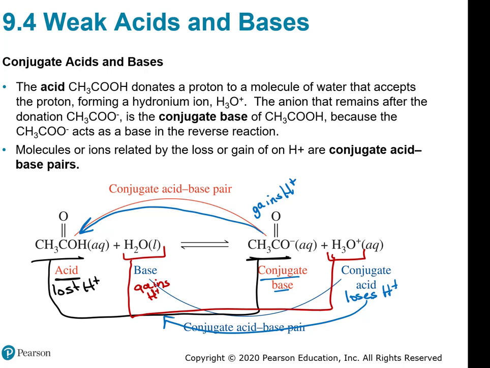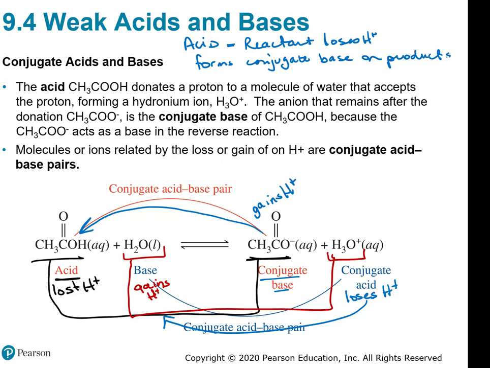But here's the kicker thing to remember. You're always going to see that the acid is the reactant that loses a hydrogen ion, and it becomes the conjugate base. So the acid always forms the conjugate base on the product side. And the base, H2O, how would you define it?